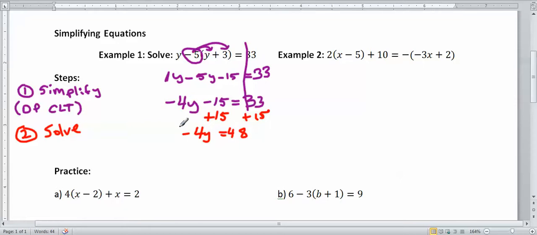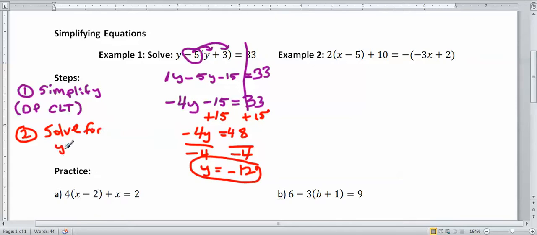Then I'm going to divide by negative 4 to get the y by itself. So y is equal to 48 over negative 4, and 48 divided by negative 4 is negative 12. Then we're done, right? We've got the variable by itself. My final answer, y equals negative 12.